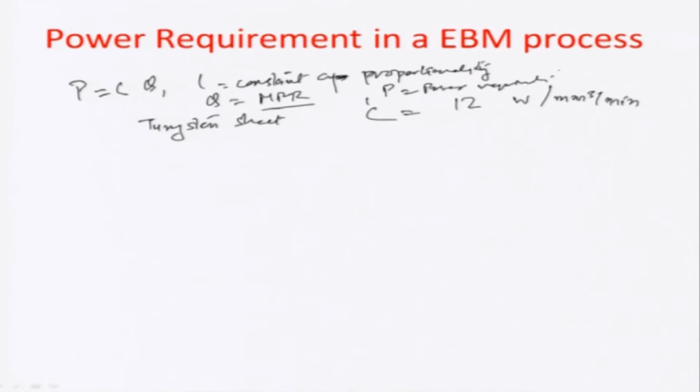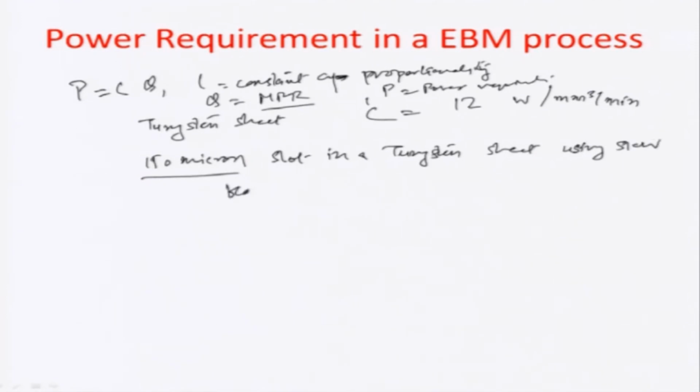Now, we also talked about the similar kind of setup where we were cutting a 150 micron slot in a tungsten sheet using 5 kilowatts beam power.